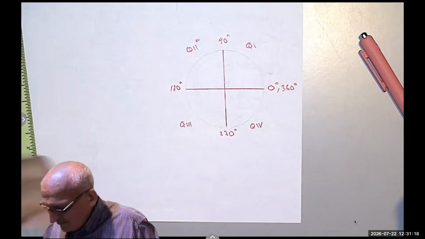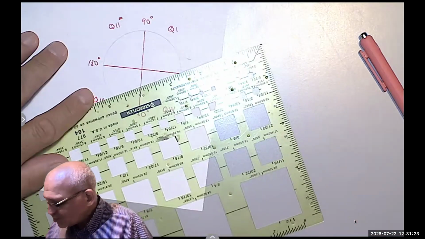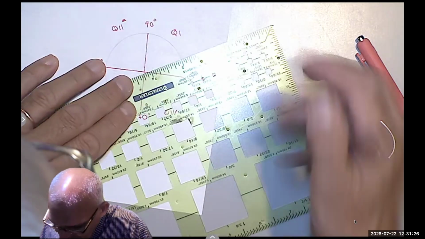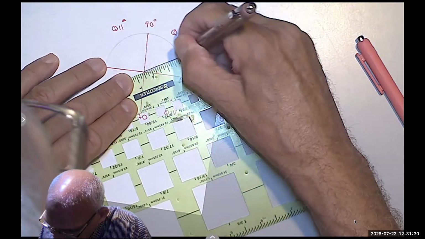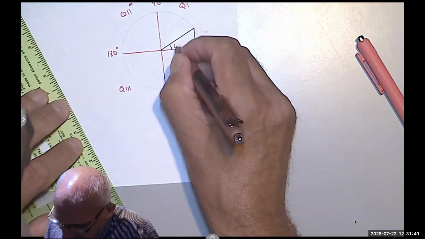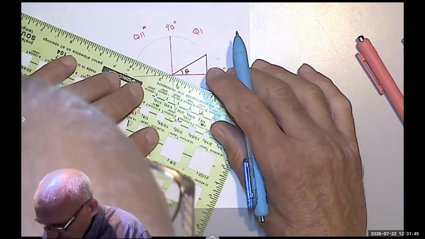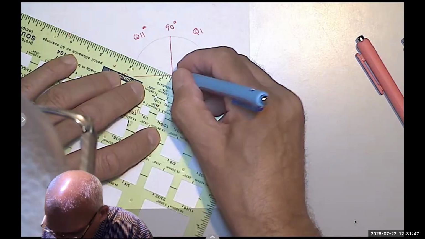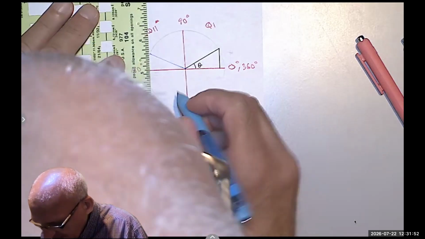So now, if I draw my triangle in the first quadrant, we always draw it going from the center to the circumference of the circle and say this is my angle theta. If I am in the second quadrant, I'm going to draw it again from here to here, and that is my triangle.